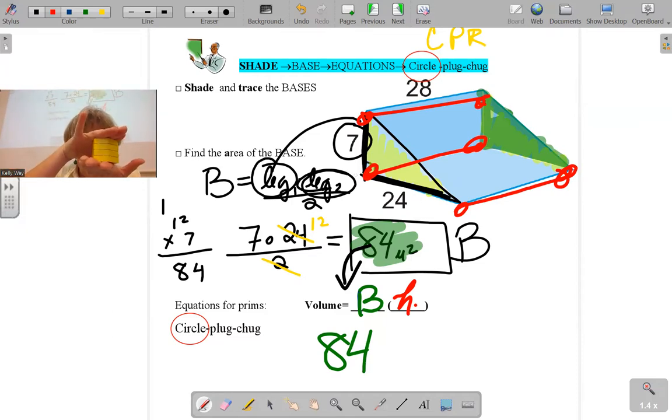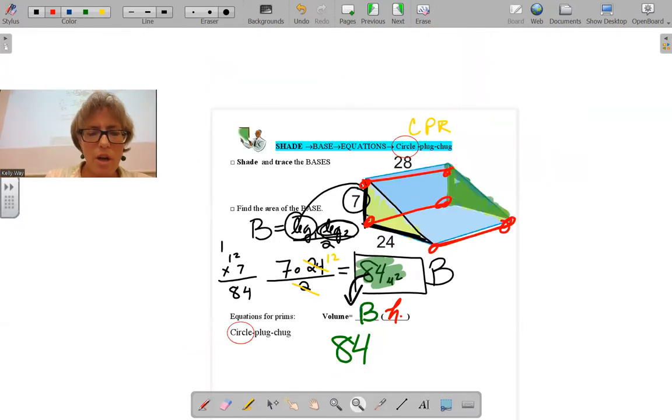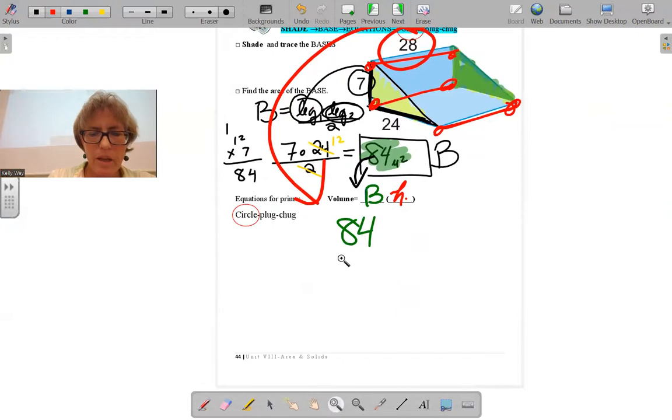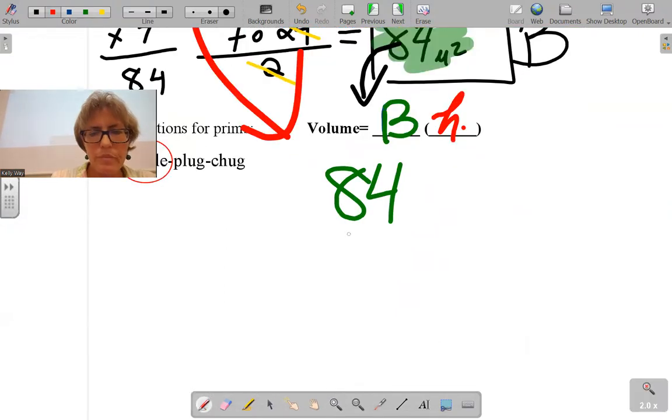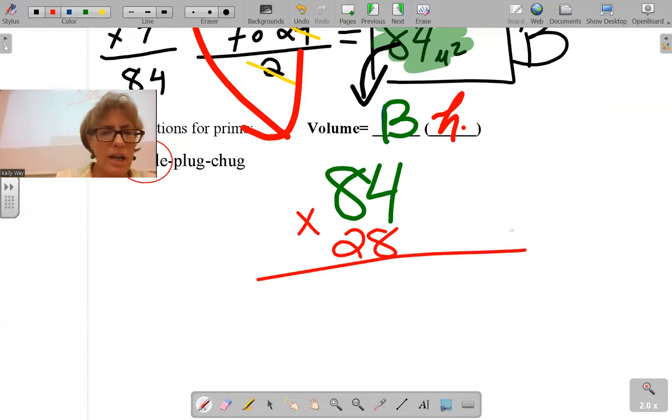Height is not a vertical concept. It's a distance between the bases concept. So if you trace that, we get our height is going to be 28. 28. Base times height.